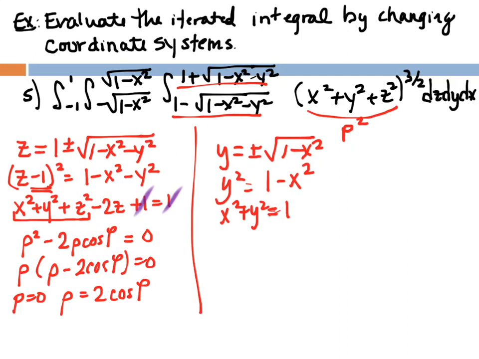So kind of like the last equation, you have x squared plus y squared equals 1 in there, but that one had a third component, of course, of (z minus 1) squared. So this is a circle in 2 dimensions centered around the origin. And then I'm also being told that my x values go from negative 1 to 1.